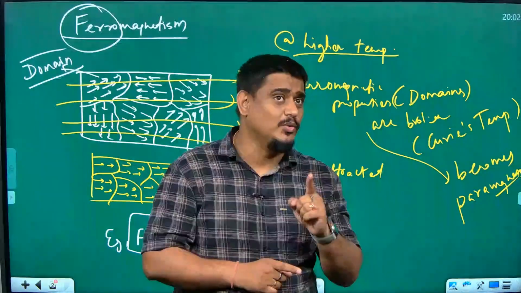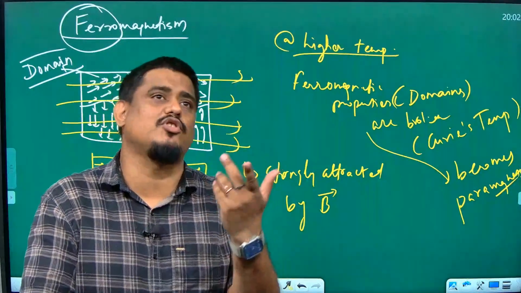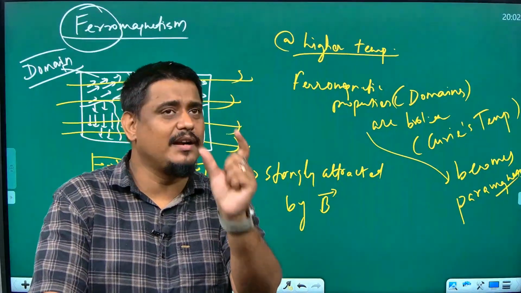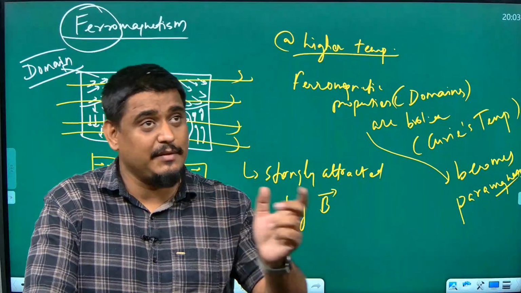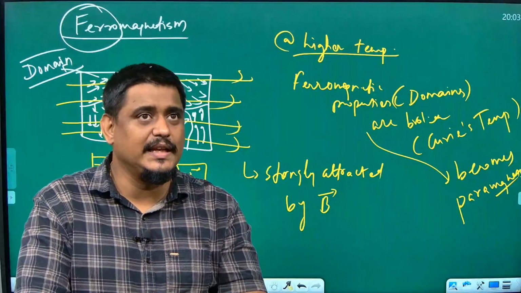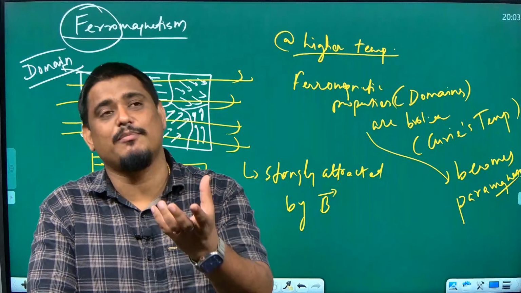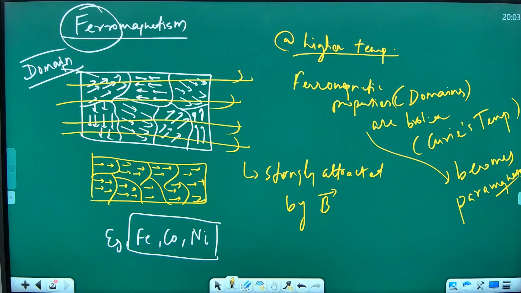But as you are saying, at lower temperatures, their paramagnetic properties will become stronger. If you compare aluminium at 100 degrees Celsius and aluminium at minus 100 degrees Celsius, and both are subjected to a magnetic field, then the minus 100 degrees Celsius aluminium will have better paramagnetic properties compared to the 100 degree aluminium. Are you getting my point, Krishna?